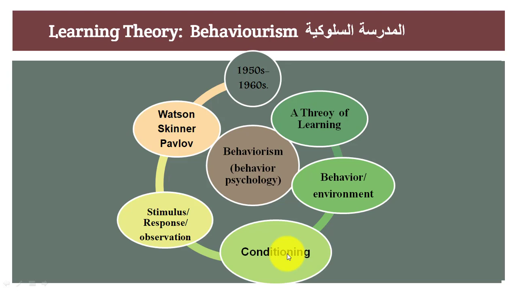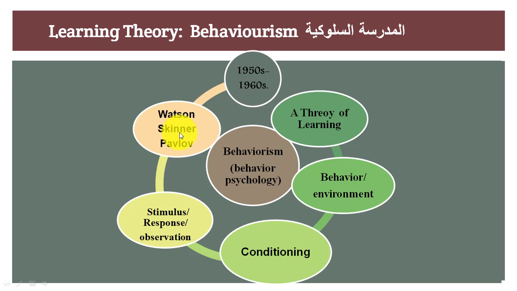Thus, behavior is simply a response to environmental stimulus. In other words, behaviorism is only concerned with observable stimulus-response behavior, as they can be studied in a systematic and observable manner.